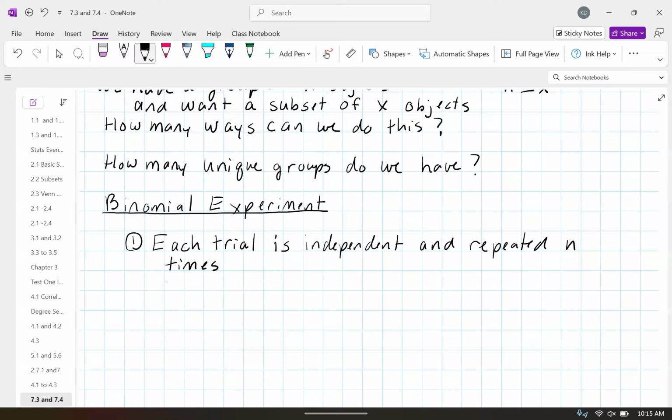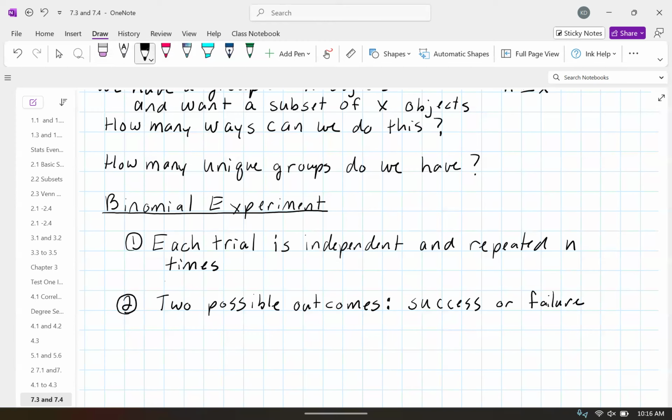We have two possible outcomes of our experiment. It's either a success or it's a failure. Now, we can take this one and make it fit this model.